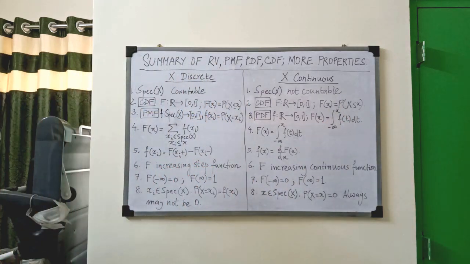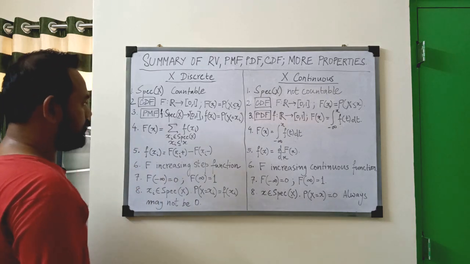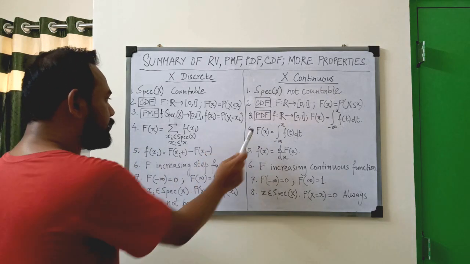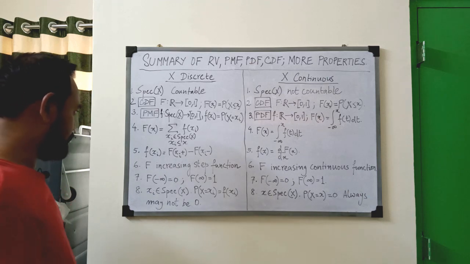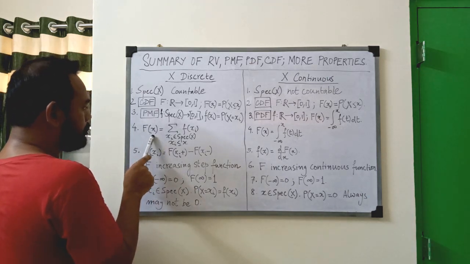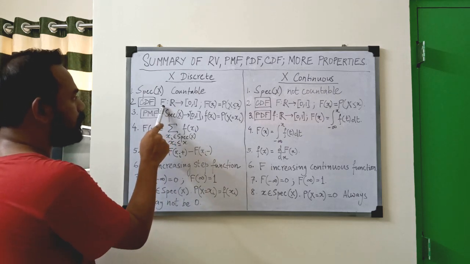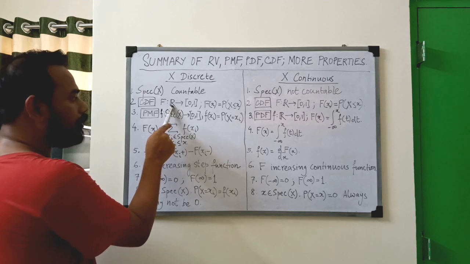Coming to the fourth point, there's a difference, but yet there's a lot of similarity. If you are going to calculate the value of the CDF at a point x, remember, x can be any real number, because the CDF is defined on all real numbers.